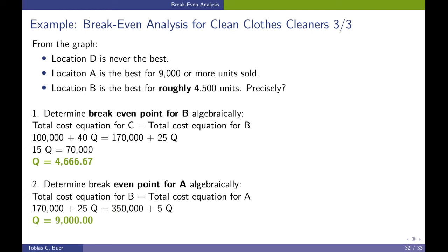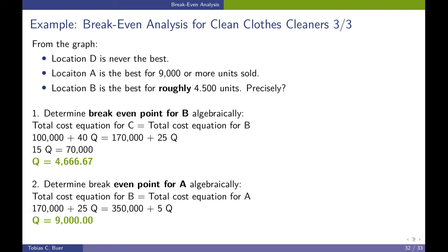By doing it this way, we have precise sales quantities that give us an indication which location is better depending on the sales quantity that we can expect. In particular, when we are thinking about selling 10,000 shirts, this value is also a forecast.